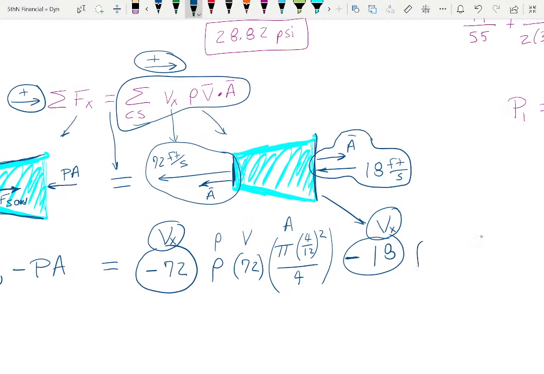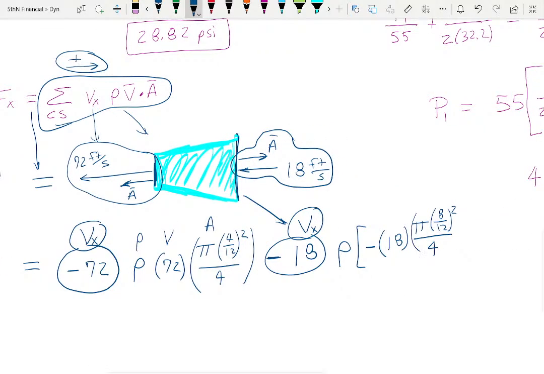So what you get is your rho, and then you get this term minus 18 times pi, and I think it's 8 inches, 12 inches squared over 4. And so this is your velocity, this is your area, and this is negative because it's a dot product, meaning that they're both going in different directions.